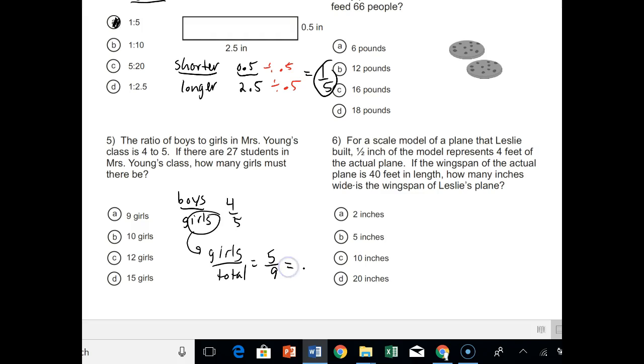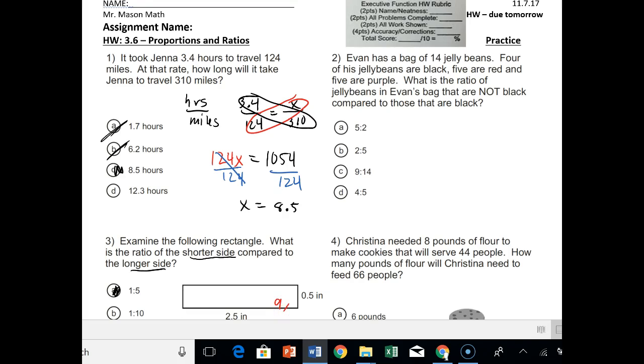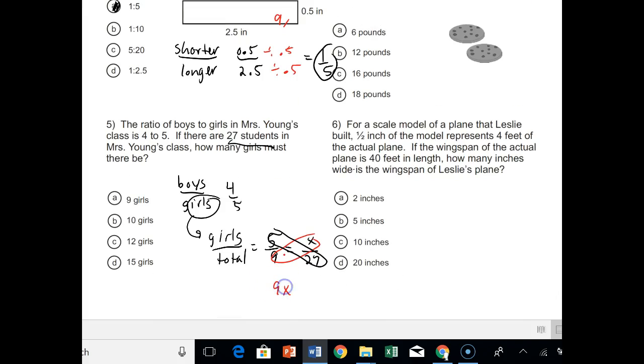And then if we have a total of 27 students in the class, that's on the bottom, how many are girls? So when we do this multiplication, we'll have 9x equals 135. And then we'll divide by 9. Those cancel out. 135 divided by 9, you get your answer of x equals 15. So D is your answer there.